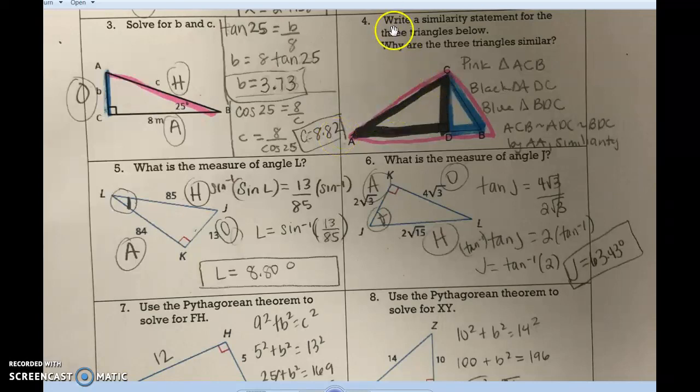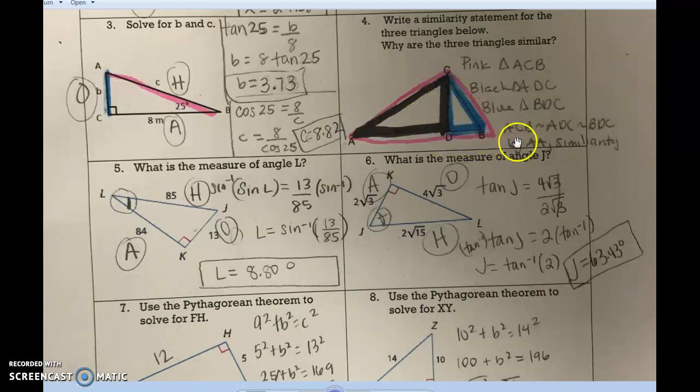All right, next, number 4. Write a similarity statement for the 3 triangles below. Why are the 3 triangles similar? So you have a big triangle, which is pink, a smaller triangle, which is black, and an even smaller triangle, which is blue. So these are my 3 triangles.